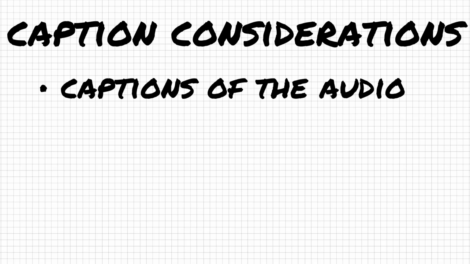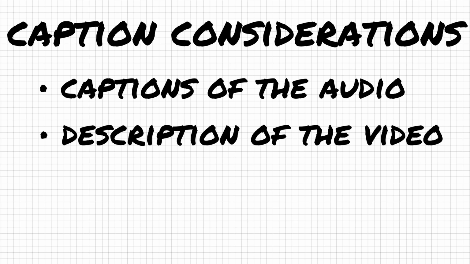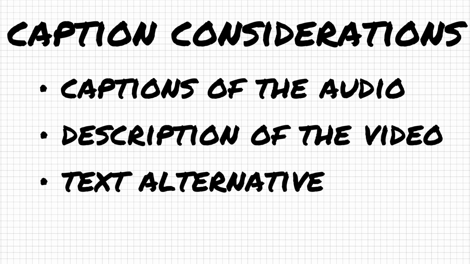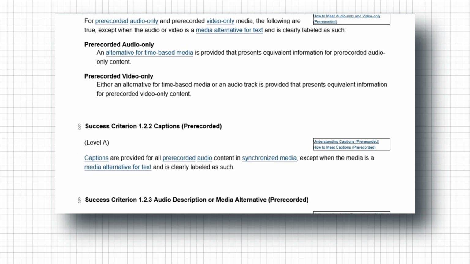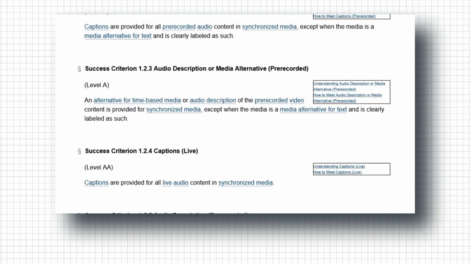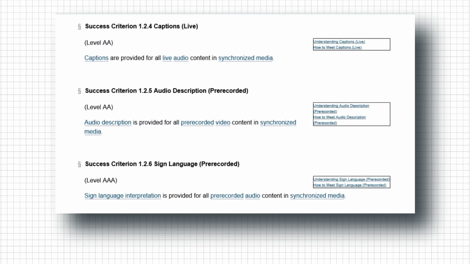Captions for people who can't hear the audio, description for people who can't see the visuals, and in some cases, a full text alternative. If you're working with the guidelines directly, these correspond to success criteria like 1.2.2, 1.2.3, and 1.2.5 in WCAG 2.1.